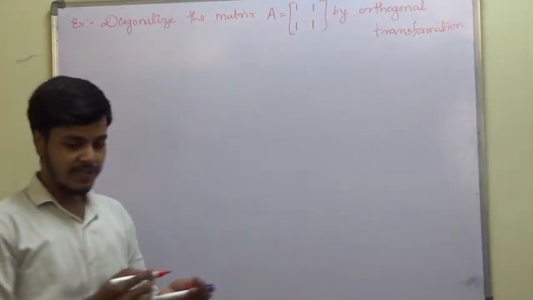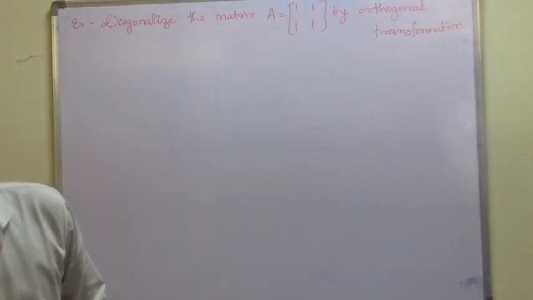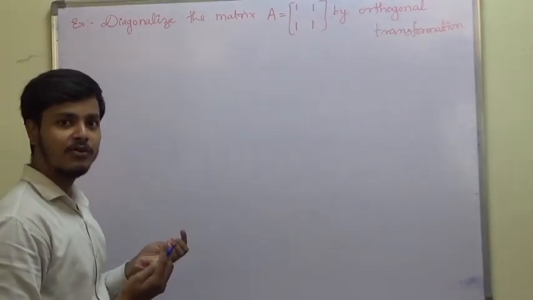So we have a matrix and we have to diagonalize it. Let us find it one by one.